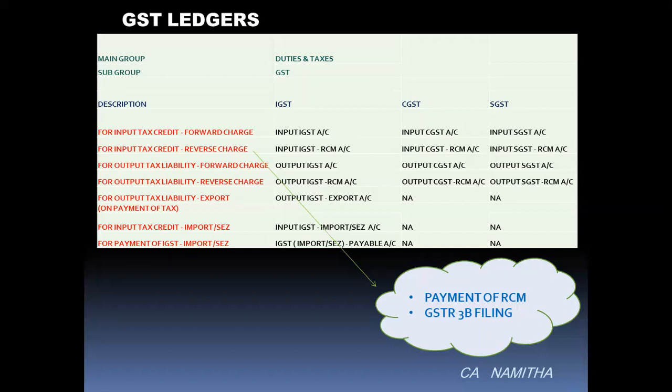Sixth situation, in case of input tax credit import or cess, the ledger suggested to be created is input IGST import or cess account. The last situation is in case of payment of IGST on import or cess, the ledger suggested to be created is IGST import or cess payable account.